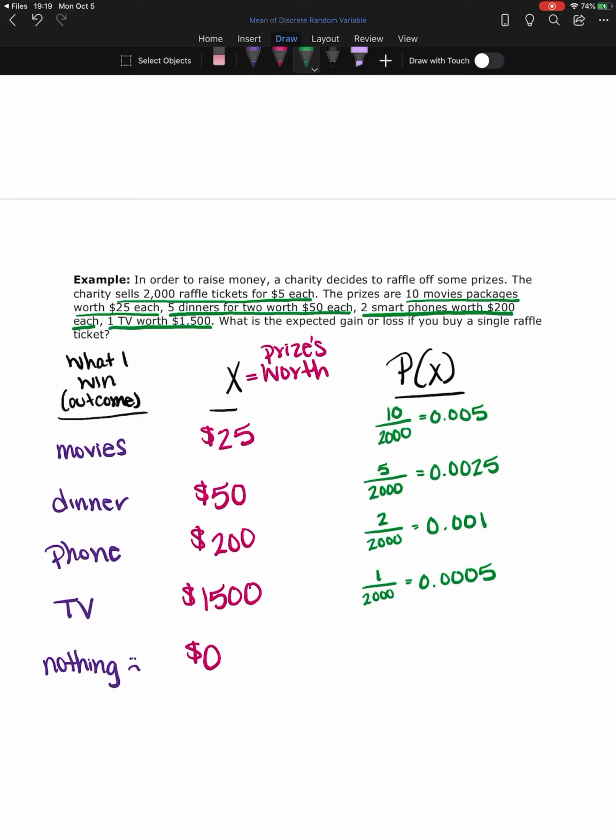These 4 probabilities equal 0.009. So if I use the complement rule, I can find that the probability that I win nothing is 0.991. Now if I sum this P(X) column, it sums to 1, because it has to in order for it to be a valid probability distribution.